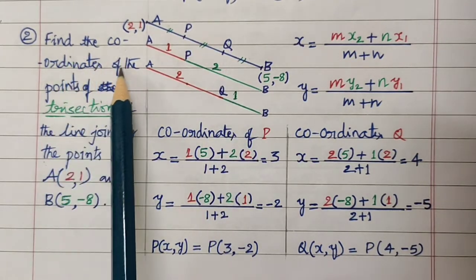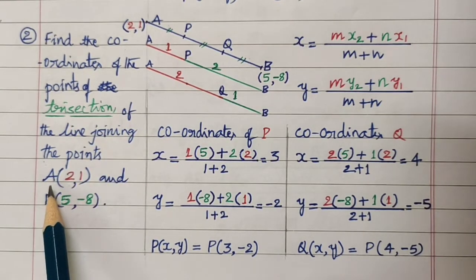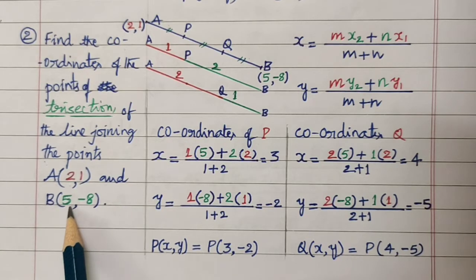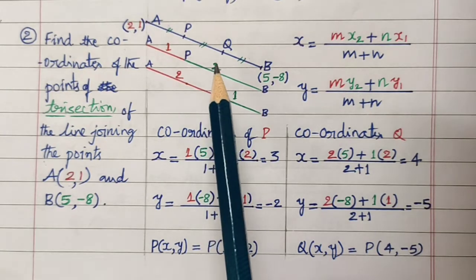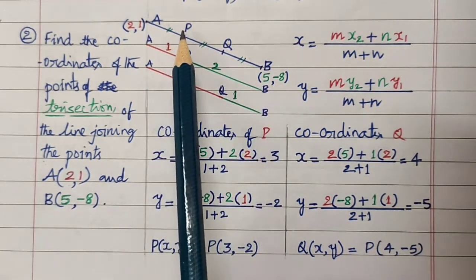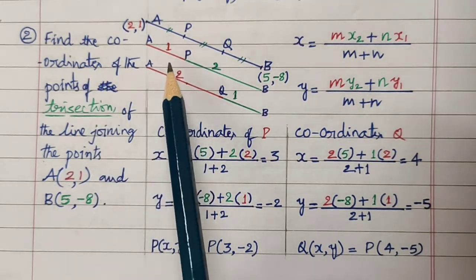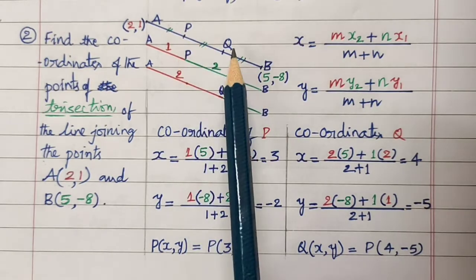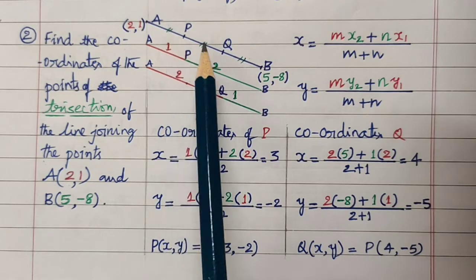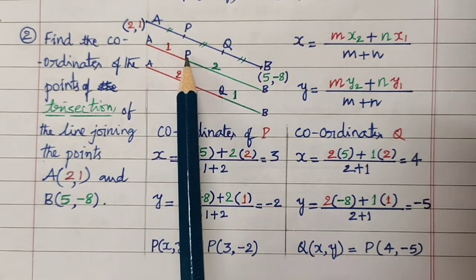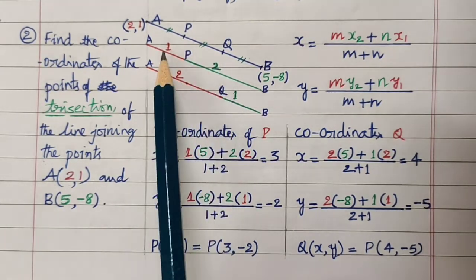Find the coordinates of the points of trisection of the line joining points A (2, 1) and B (5, -8). Once you draw a line and divide it into 3 parts, because m is to n is not given, we have to find out the ratio in which it has been divided to find the coordinates of P and Q. When it is divided equally into 3 parts, 1:1:1, to find the coordinates of P we take this part is to this part, m is to n.